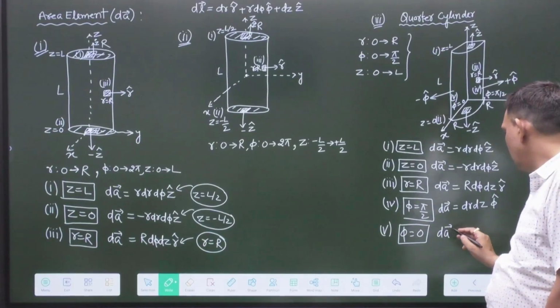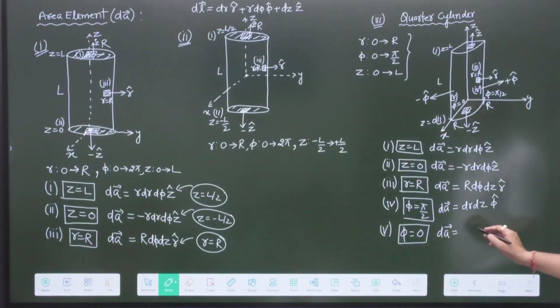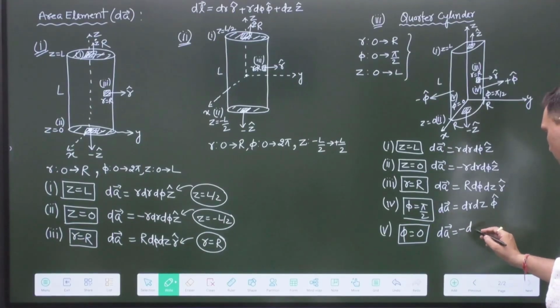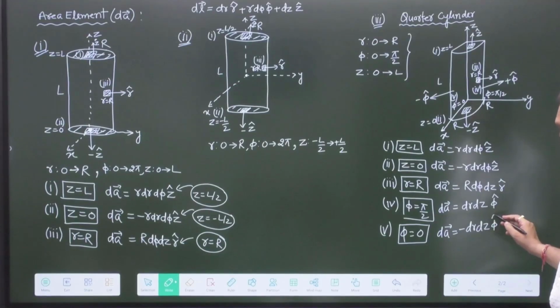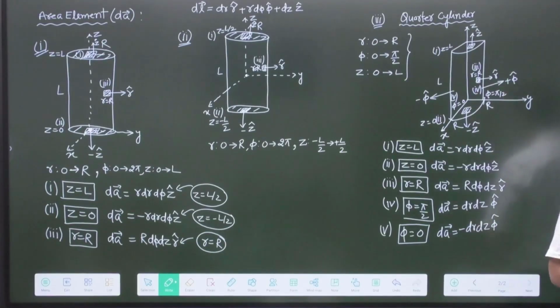So dA is given by minus dr dz. So this is the area element. If you have a cylinder or any part of the cylinder, you can specify R, phi, Z and you can also write the area element on different surfaces.